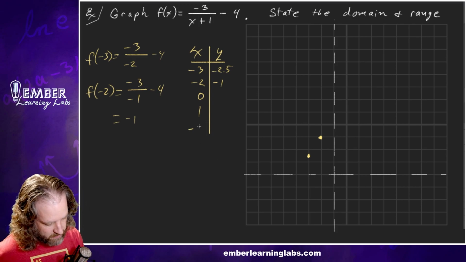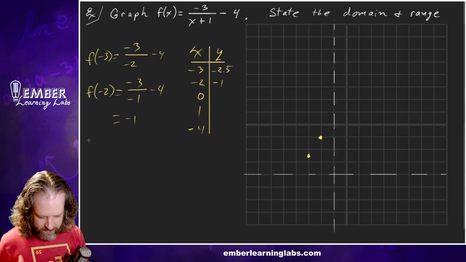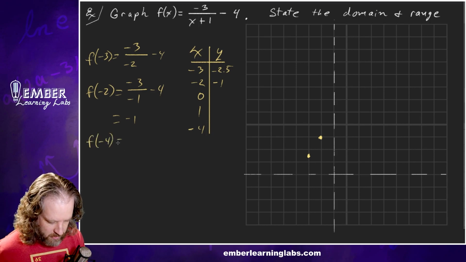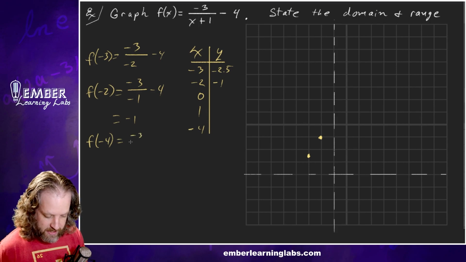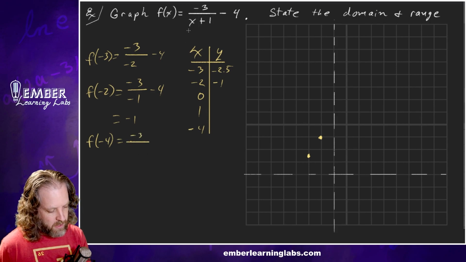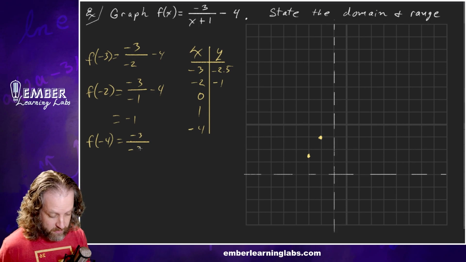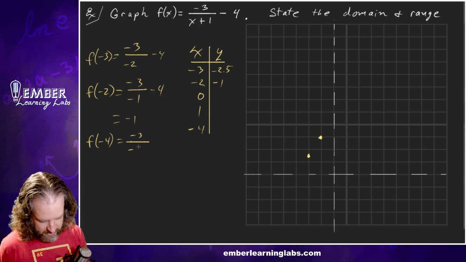So -4. So f of -4 equals -3 over -4 plus 1, which is -3. Ooh, that's nice. We like that. And then minus 4.